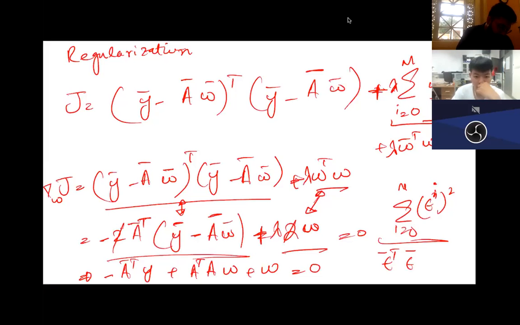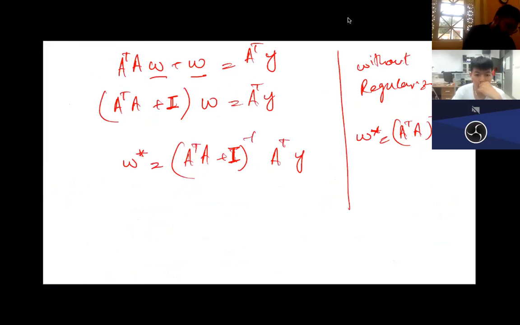It just simply carries on everywhere throughout this calculation, and you would have here a lambda identity. Lambda gives you the control of how much regularization you want, whether you want the weights to be really penalized or not penalized too much. So you can control this by lambda. And we would see the effect of lambda today.